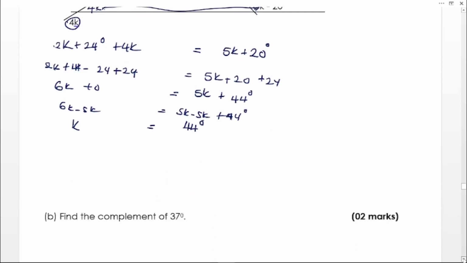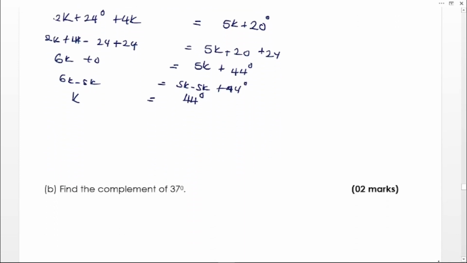Alright, let us now move on. Find the complement of 37. So what does complement mean? What angle should you add to 37 to give you 90 degrees? So let the complement be y. Now this y plus 37 degrees is going to give us 90 degrees.